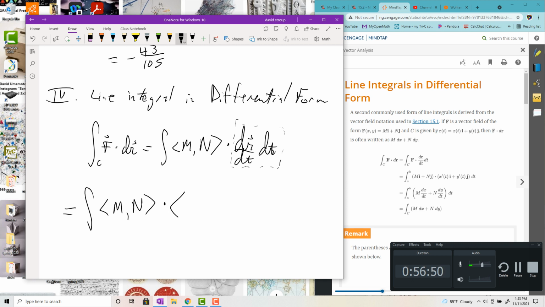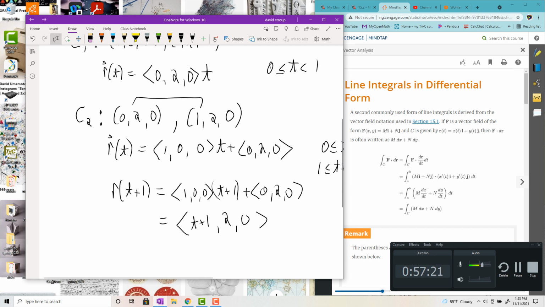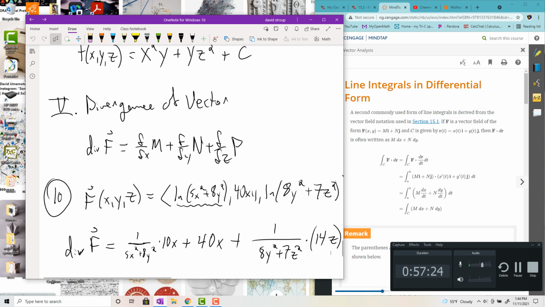R prime of t dt would be x prime of t, or if you would rather, dx over dt is probably the way we're going to be able to pull this off, comma dy over dt. Right? And then you can kind of think of it as multiplying by dt. I mean, I'm sure that for technical reasons or theoretical reasons it's not correct, but you would have dx comma dy like that. And then if you got the dot product, oh my gosh, I just lost where I was.